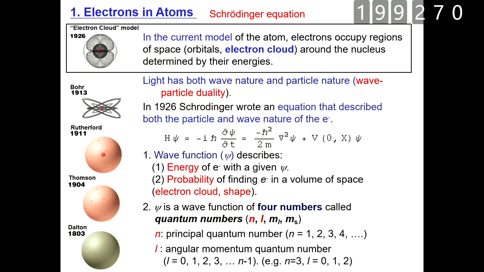But if n is equal to 2, this means l can be 0 and 1. And of course, if n is another number, you can work out what l can be. So this is very important, and also remember that l is from 0 to n minus 1. This is the second quantum number.